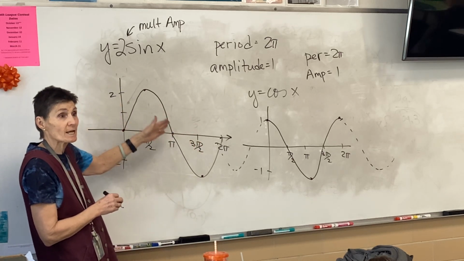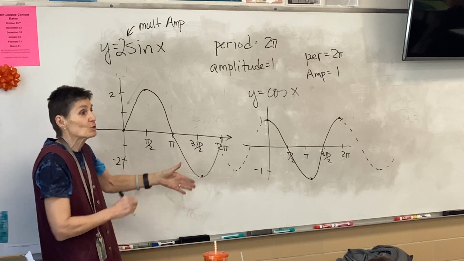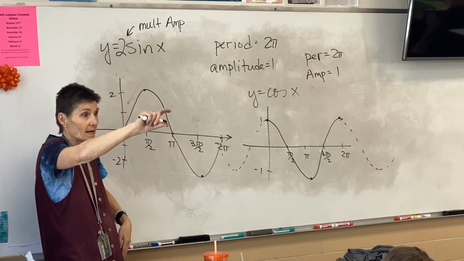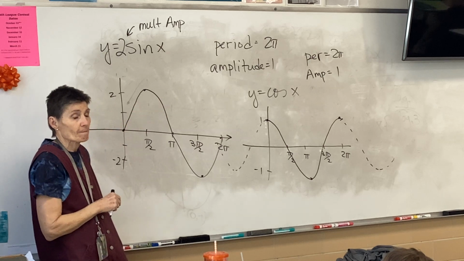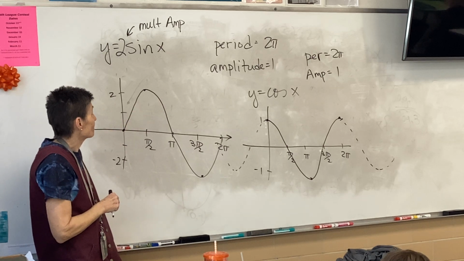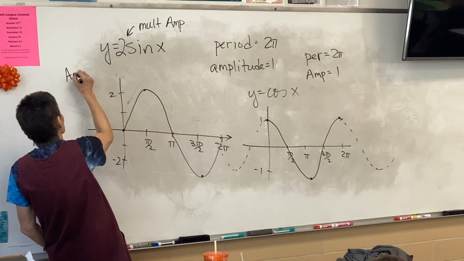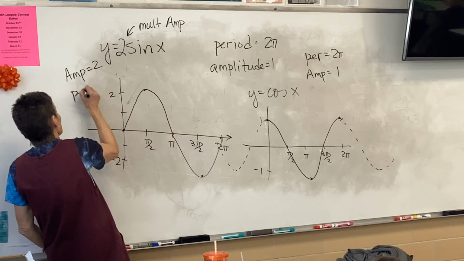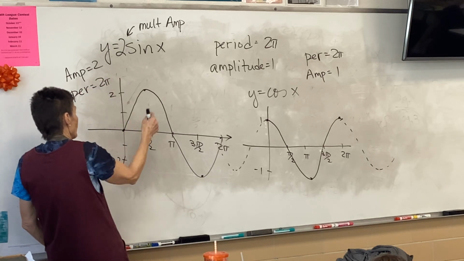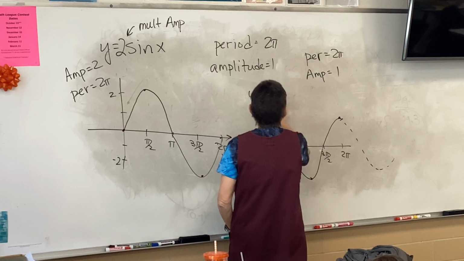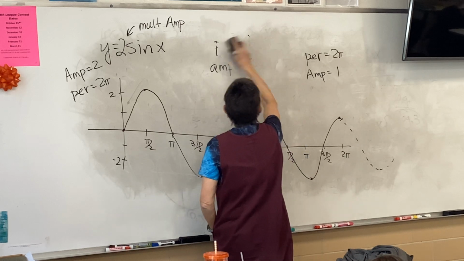When you change the amplitude, you're changing the height of your waves, turning the volume up and down. Yes. So, amplitude 2, period 2 pi for this one. Now, what changes it side to side? What stretches it out?